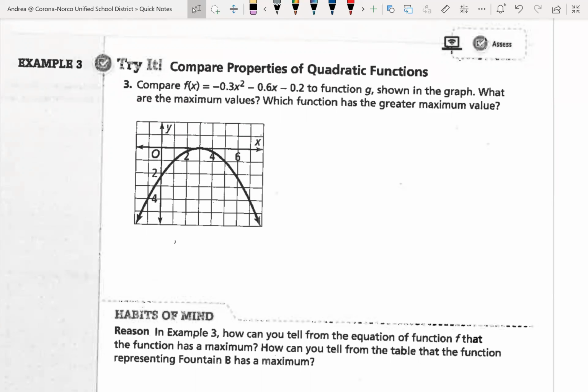What are the maximum values? Which function has the greater maximum value? Okay. So this is what they're calling g of x. This is g of x.